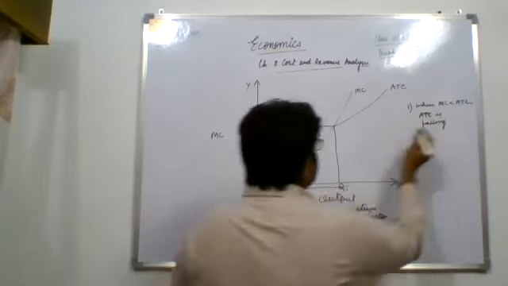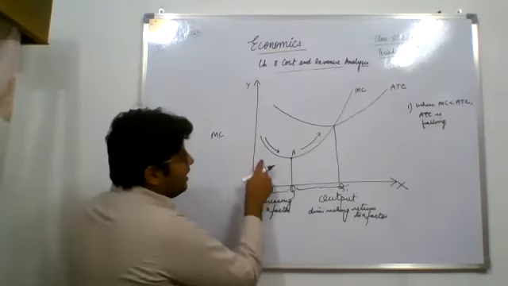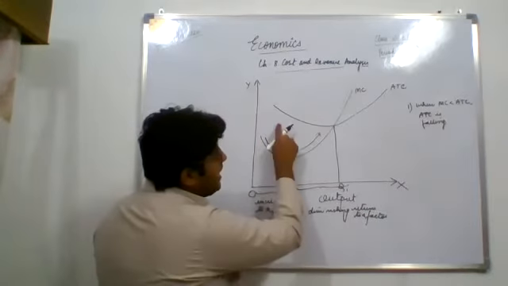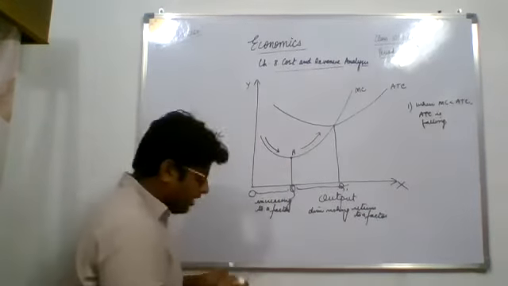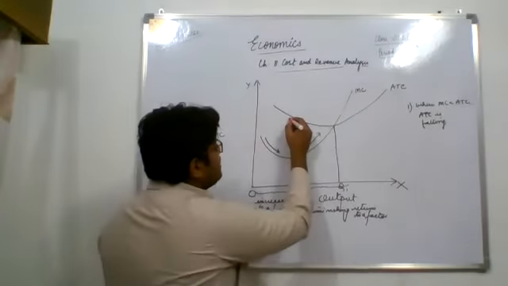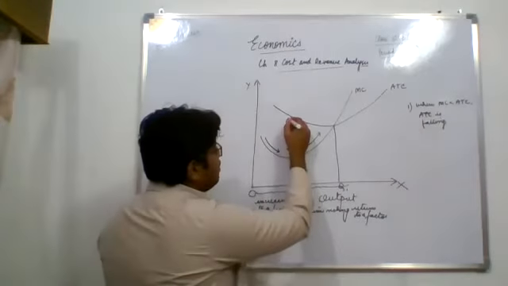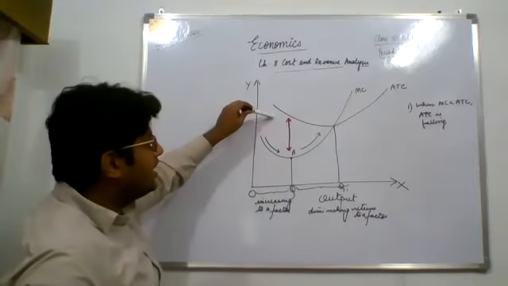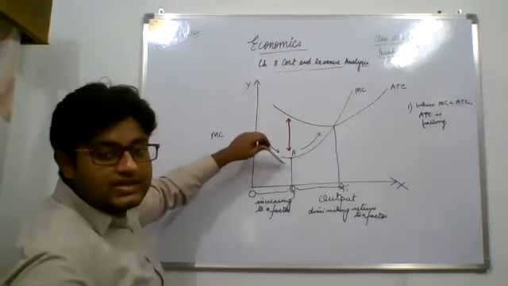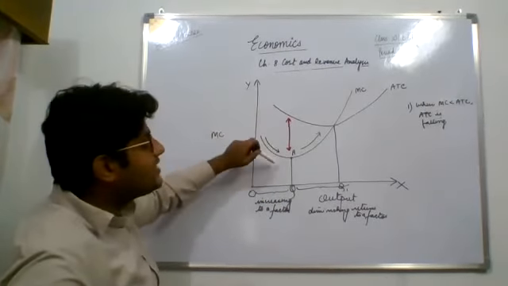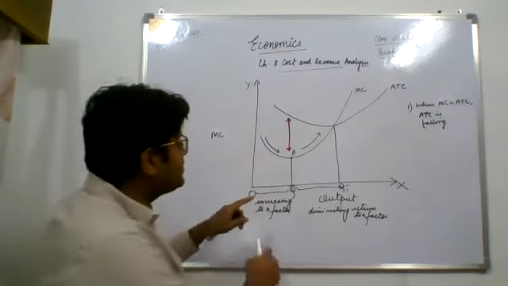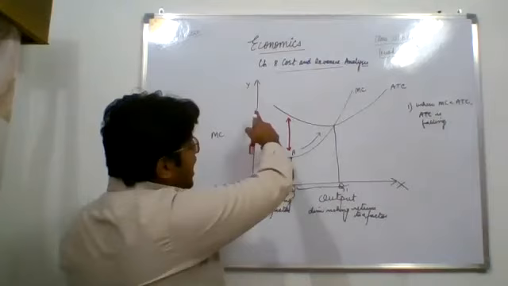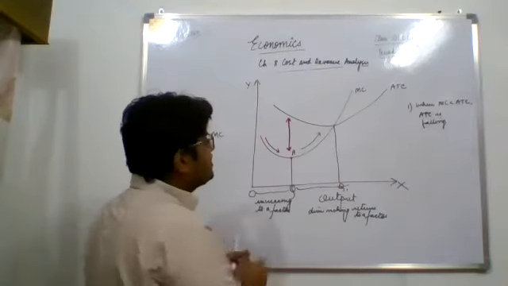You can see that below this point Q1, your marginal cost is less than your average total cost, because your average total cost curve is lying above the marginal cost curve. That means your average cost is greater than the marginal cost. So when the marginal cost is less than the average total cost, the average total cost will fall. See, it is falling.